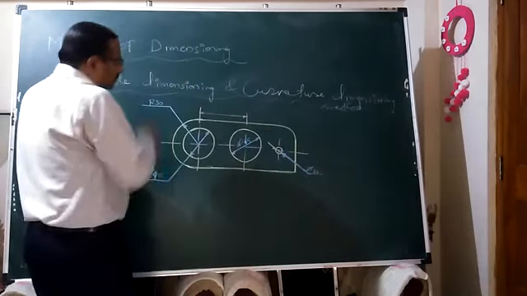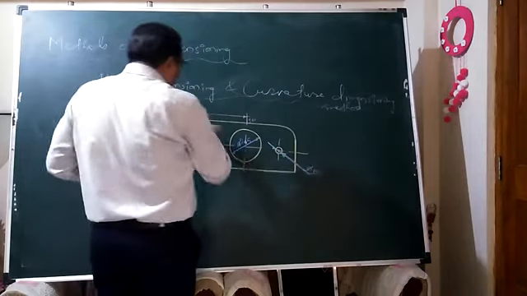Now you should take care of one fine thing: dimension lines should be drawn at least 10 mm from the visible outline. This distance should be 10 mm or more than 10 mm, but it should not be less than 10 mm. So one should take care of this.